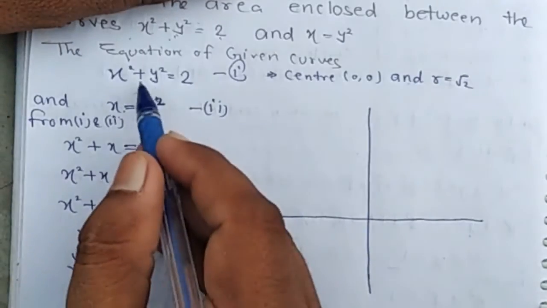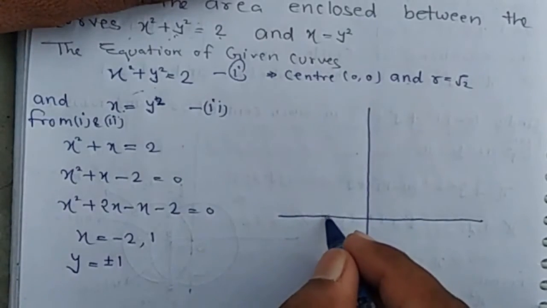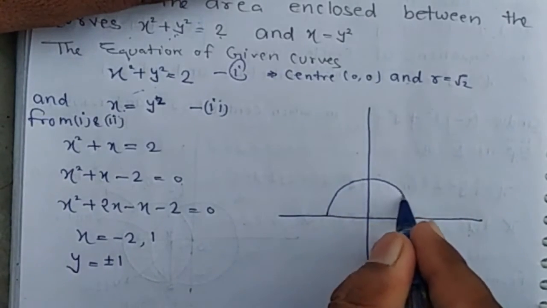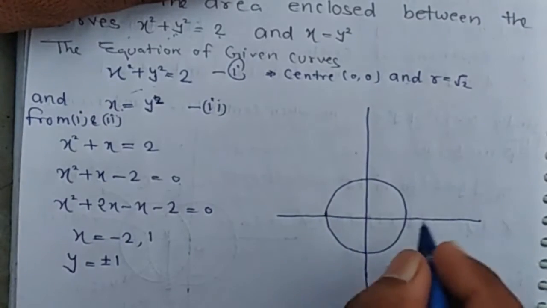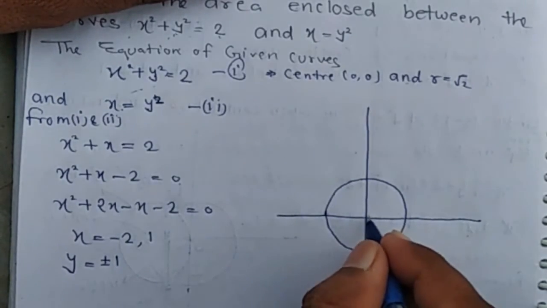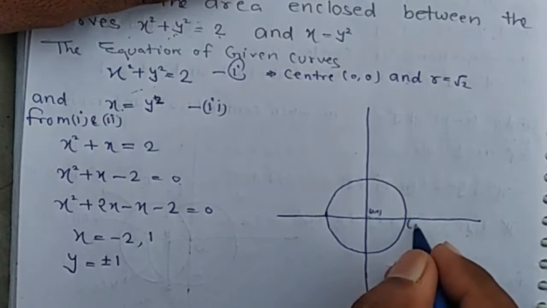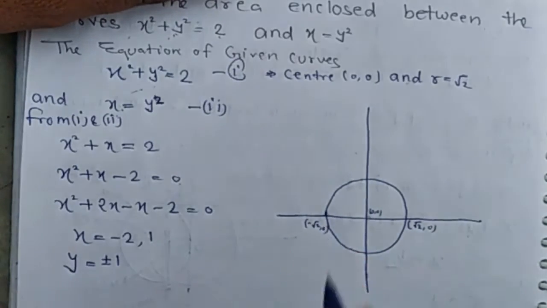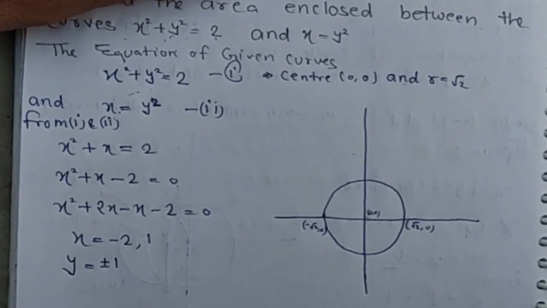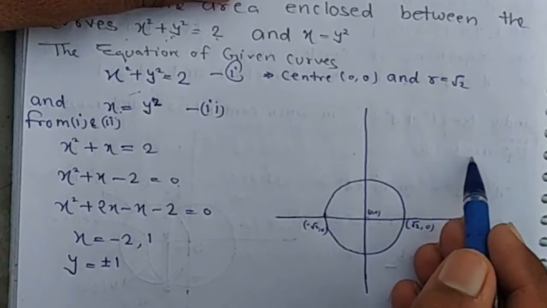We have x square plus y square equal 2. Center is origin and radius is root 2. This point is root 2 comma 0, and it is also minus root 2 comma 0. And the parabola is y square equal x.